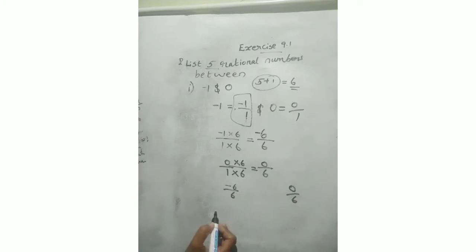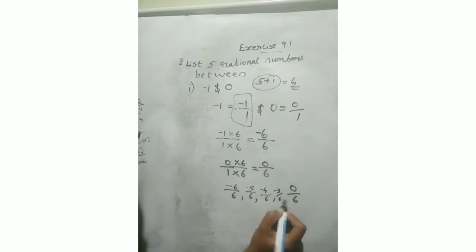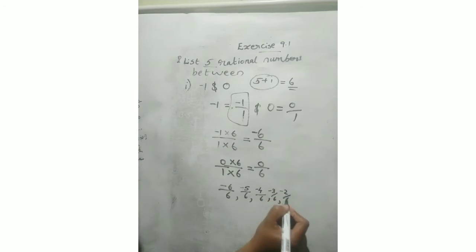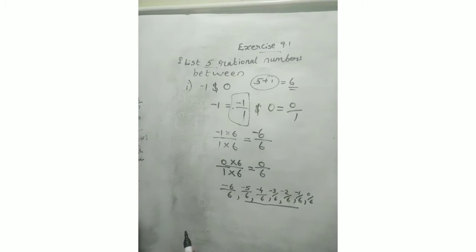Between these two rational numbers, we can write here -6 on 6, here will be -5 on 6, here -4 on 6, -3 on 6, then -2 on 6, -1 on 6 and 0 on 6. Clear? So now we can say these rational numbers are between -6 on 6 and 0 on 6.